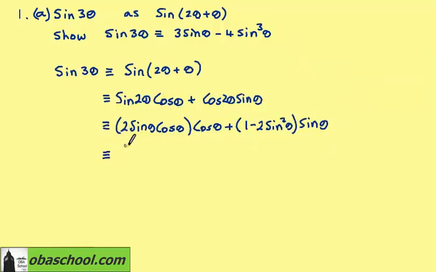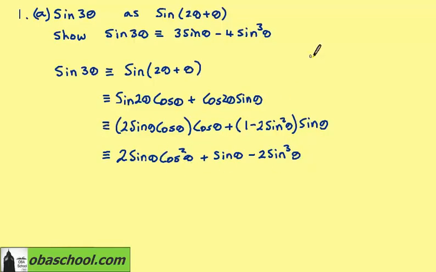Expanding out, we have 2 sine theta, and cos theta times cos theta is cos squared theta. Over here we have 1 times sine theta, which is sine theta, and minus 2 sine squared theta times sine theta, which is minus 2 sine cubed theta.